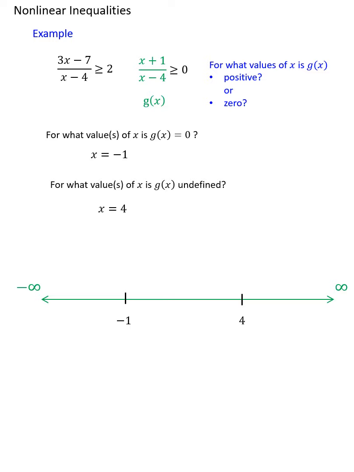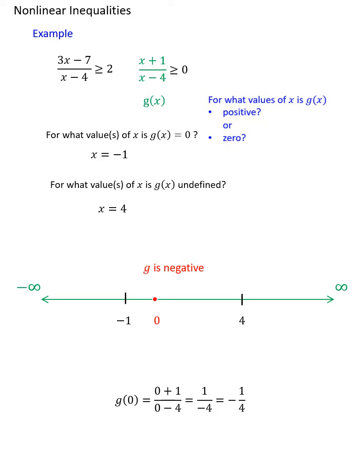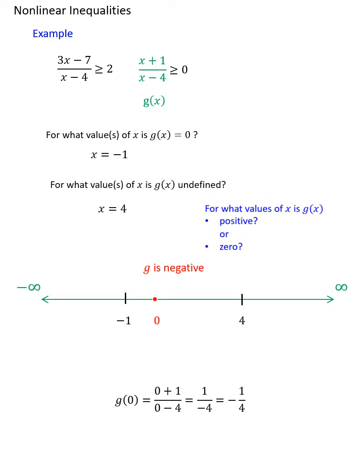So now let's analyze this region by region, starting in the center for no particular reason. I picked a random number in the center. There's nothing special about 0. But now that I've picked this number, let's plug 0 into g of x. Here, g is negative, you'll see by the algebra shown. But remember, I'm looking for places that g is either positive or 0.